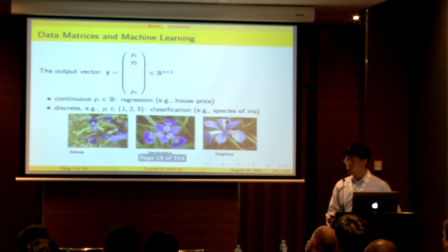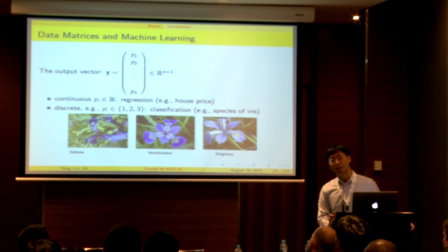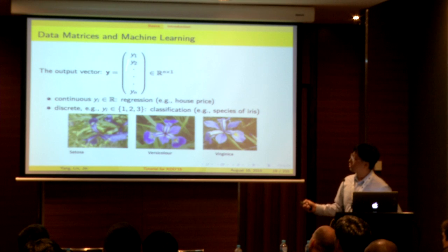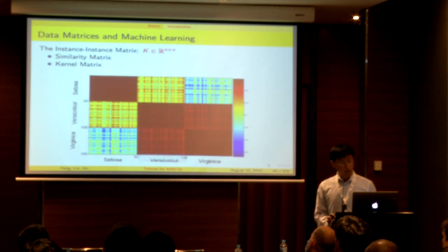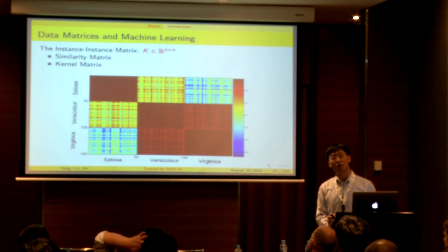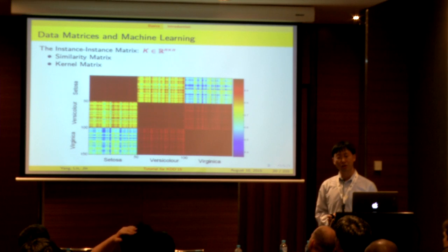And also, in supervised learning, each training example is also associated with some label or target variable. So here we can also organize these into a vector, which we call the output vector y. So the second data matrix that we sometimes use captures some kind of relationship between training examples.